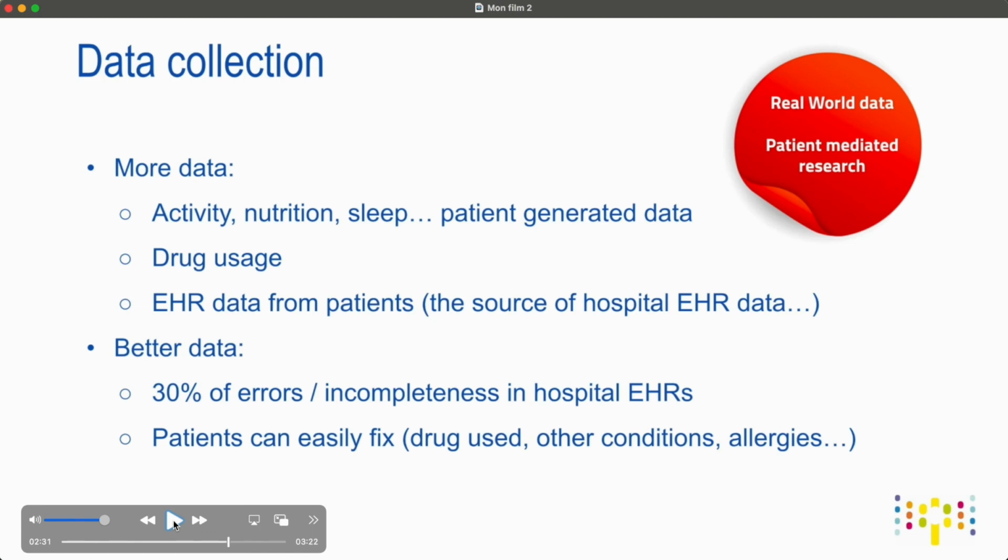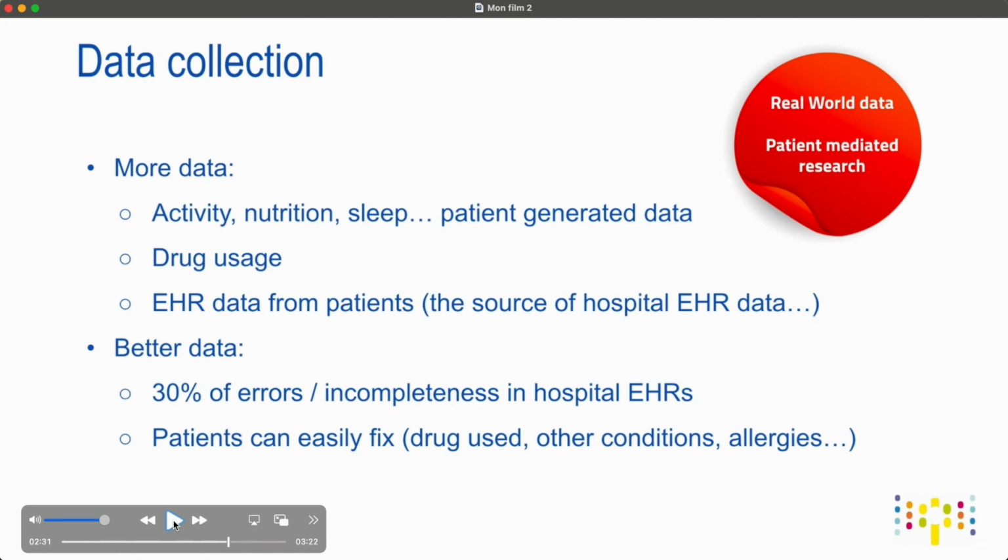We also offer better data. I don't know if you know, but 30% of electronic health records in hospitals do have some kind of errors or incompleteness, because when you leave the hospital, there is usually no follow-up, or it's difficult to have a follow-up for the hospital. It's usually the family doctor, the pharmacist, and a number of other players that help the patients.